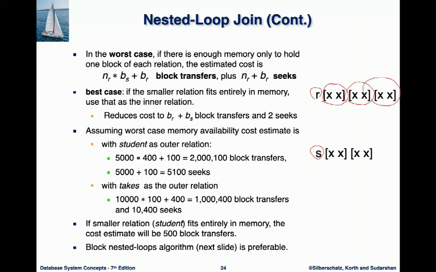There are 3 blocks and a total of 6 records, which means 2 records per block. For this record, you do a full scan on S. Then you move on to the next record and do a full scan on S.